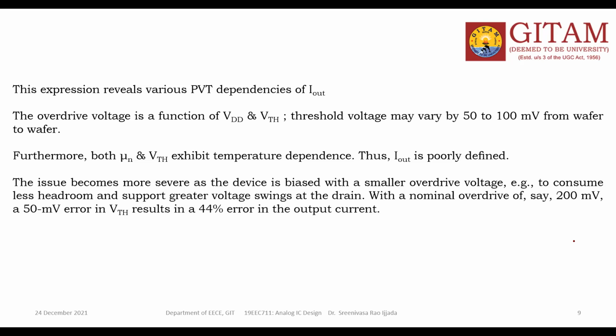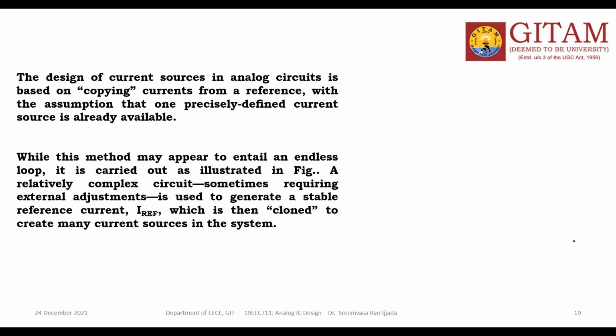The issue becomes more severe as the device is biased with a small overdrive voltage. Small overdrive voltage means we get some problem. The design of current sources in analog circuits is based on the copying of currents from a reference, with the assumption that one precisely defined current source is available.